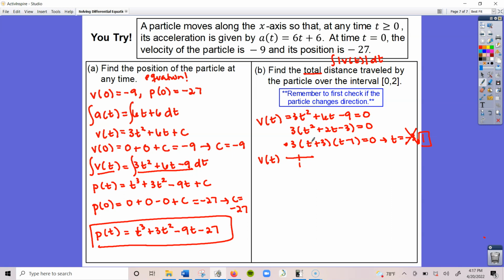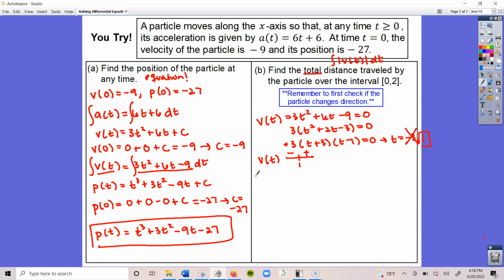If I plug in 0, 0 plus 3 is positive, 0 minus 1 is negative, and a positive times a negative is negative. Then if I plug in 2, 2 plus 3 is positive, 2 minus 1 is positive, and a positive times a positive is positive. So my particle does change direction when t is equal to 1.